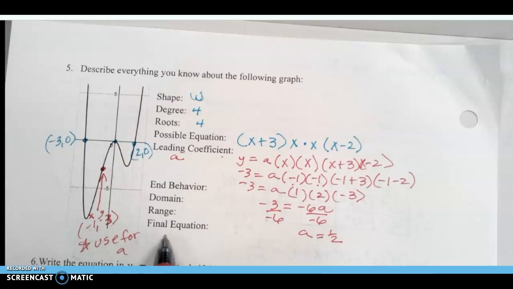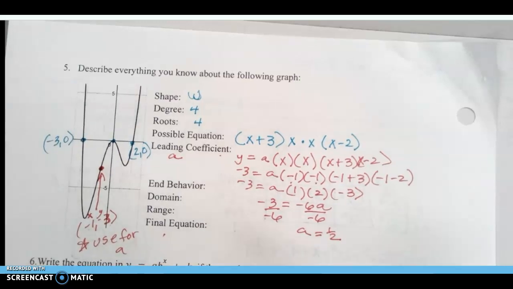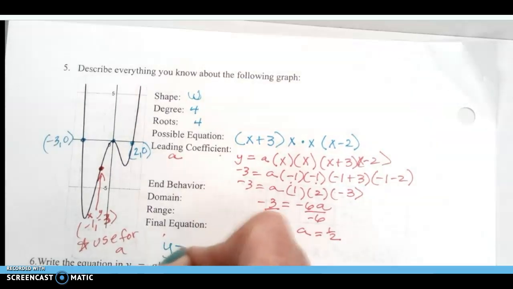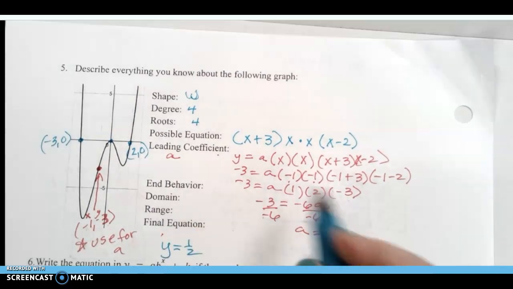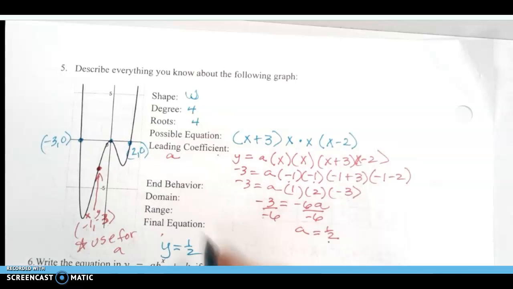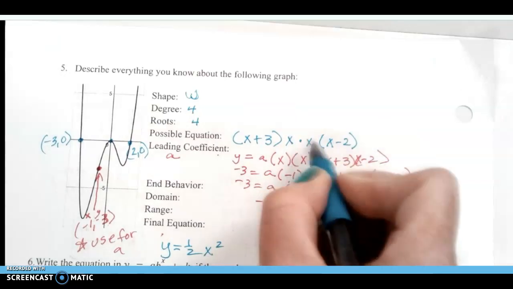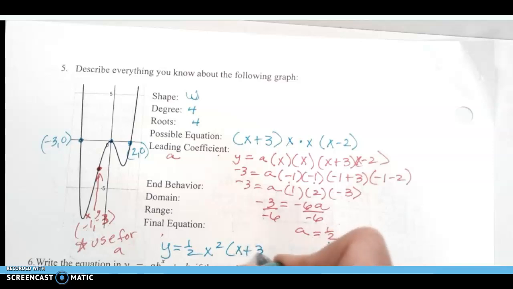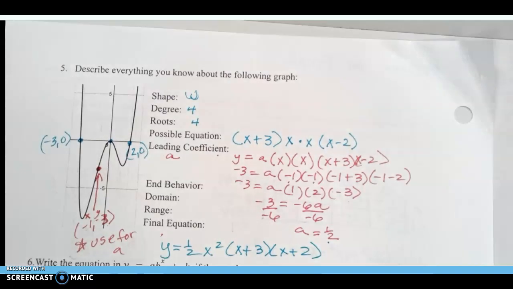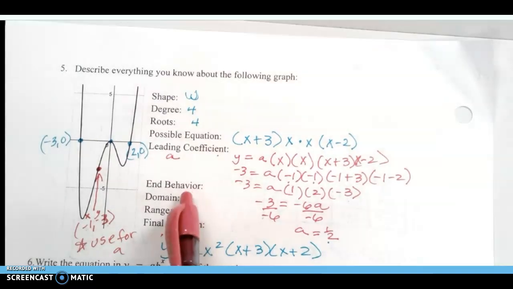So what is the final equation? Our final equation is going to be y equals 1/2, which we just calculated right there, times all of these guys right here. So we can call that x squared, because x times x is x squared, and x plus 3, and an x minus 2. All right, what is the end behavior of our graph?